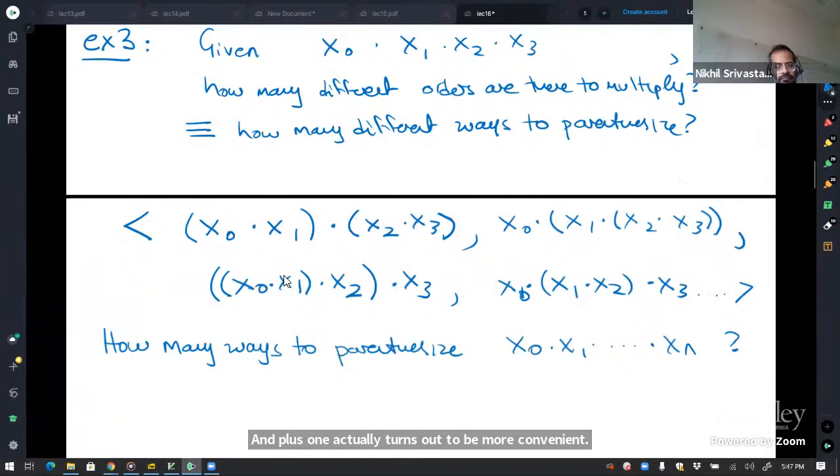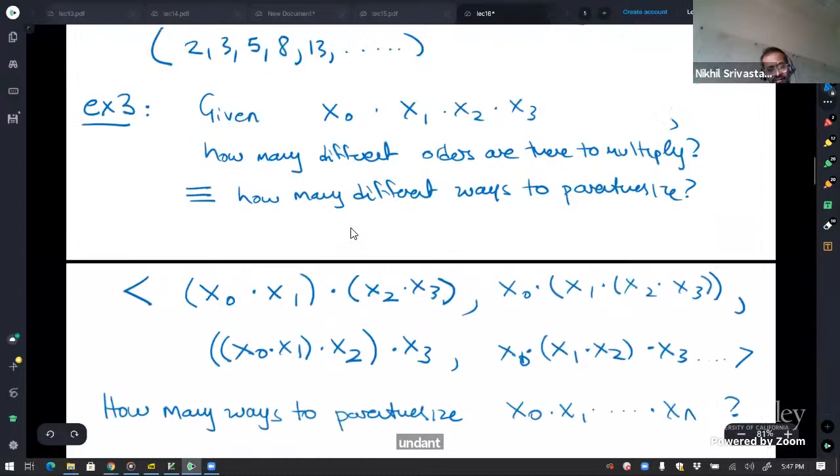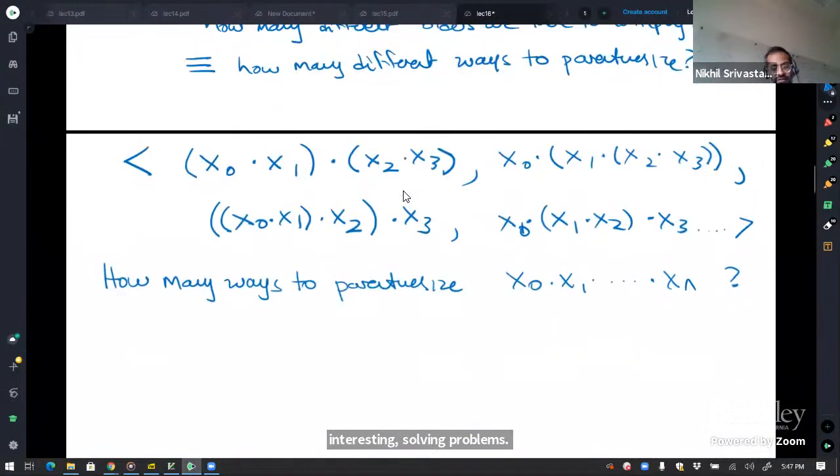Okay. And I'm not allowed to put parentheses around the whole thing. That's considered redundant. Now this comes up a lot, actually, weirdly, in math. It's in bijection with a lot of other interesting counting problems. And there's a very slick way to solve this using recurrence.